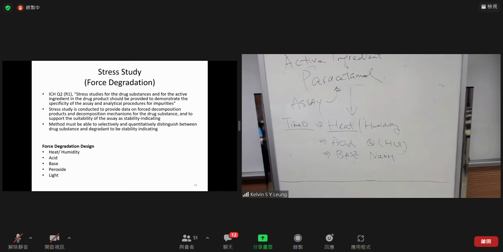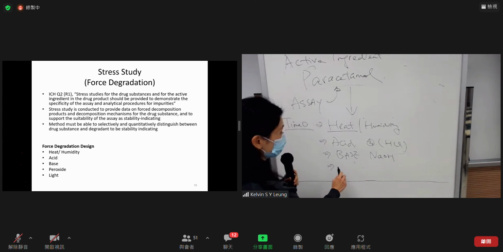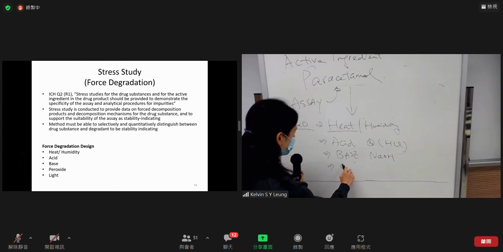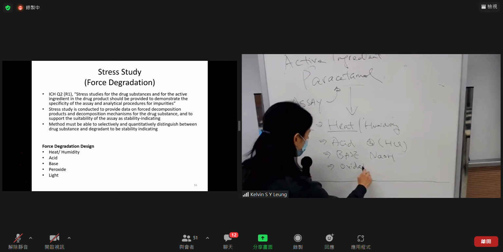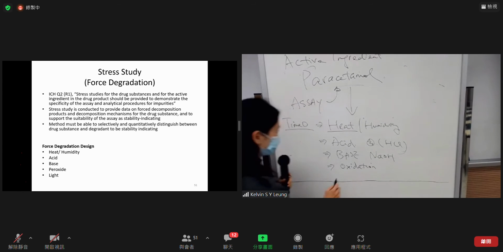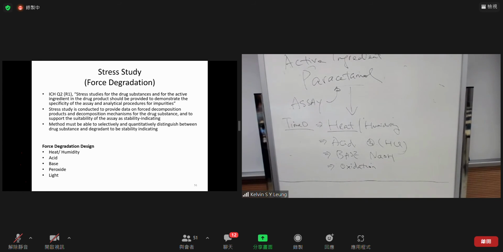Then the peroxide, that is the oxidation. You can use hydrogen peroxide added to your samples for a certain time, and then you perform your originally designed procedures and inject into the HPLC. Then you can have the chromatogram.